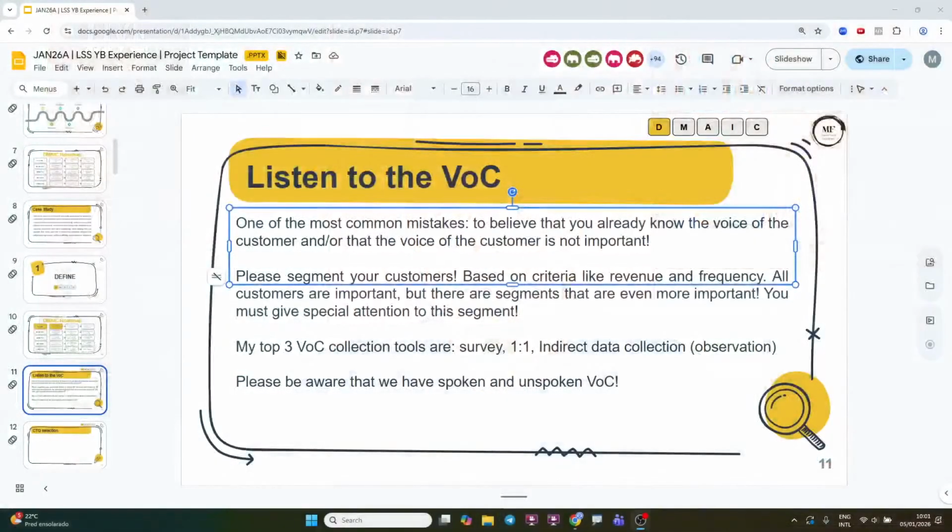The problem with one-on-one and indirect observation is that it's much harder to get a larger sample size. But the data points that you get are more accurate. Type following if you understood that.